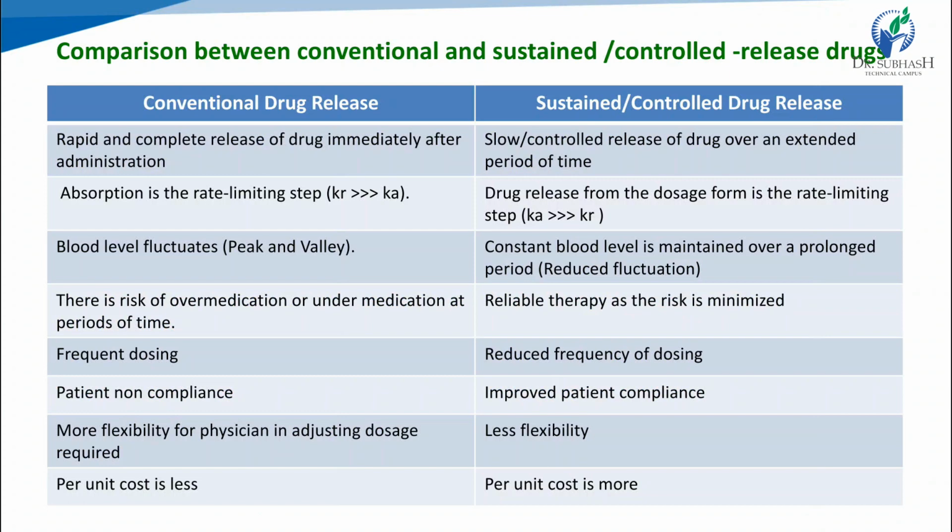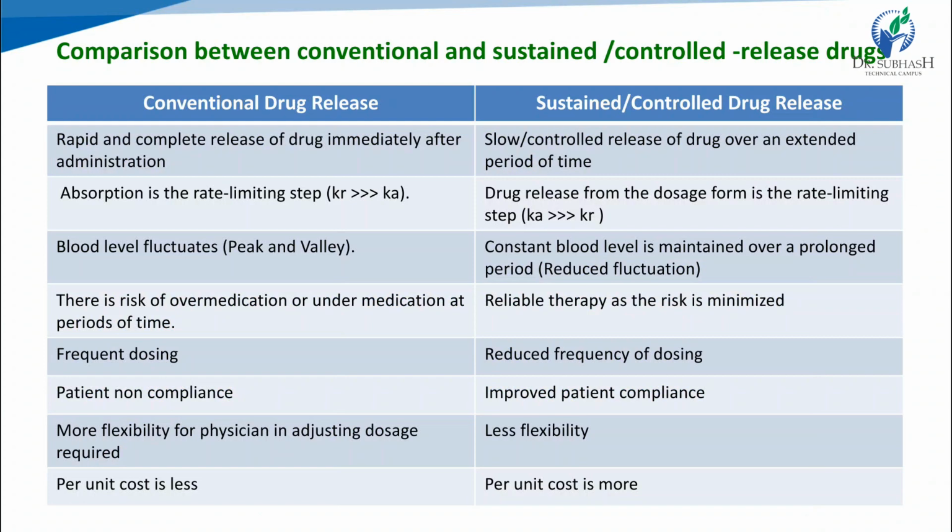In conventional drug release, blood level fluctuations are there, peak and valley, not constant. In sustained and controlled release, we maintain a constant blood level throughout the extended period of time. So it reduces the fluctuation, we get a better therapeutic response, and we avoid unwanted side effects.